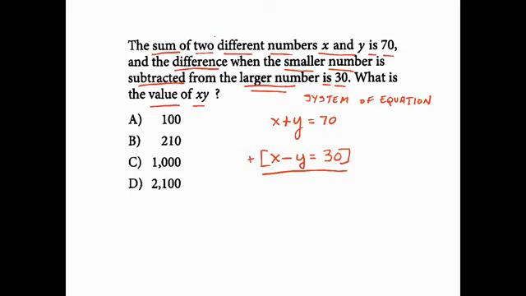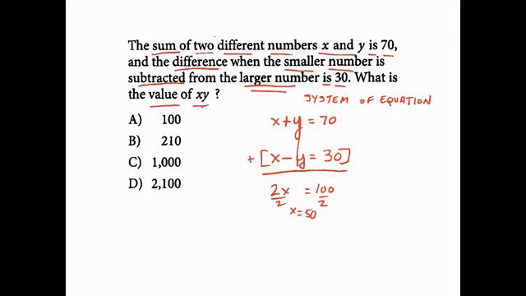So if I add the x's, I get two x's, plus y minus y, those cancel out, and I'm left with 2x equals 70 plus 30, or 100. Dividing both sides by 2, I can quickly see that x equals 50. Now that's not my answer because I also need to find out what y is.